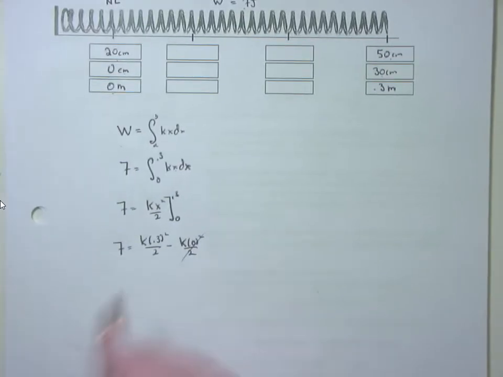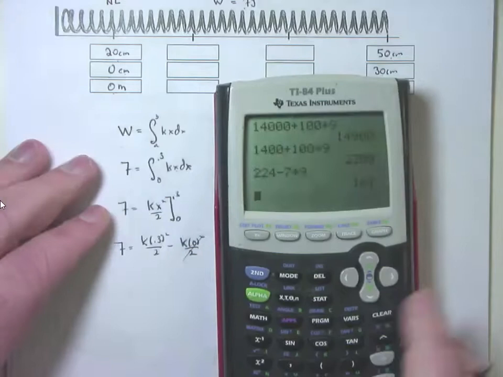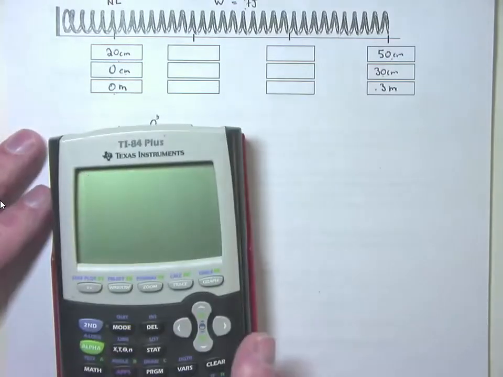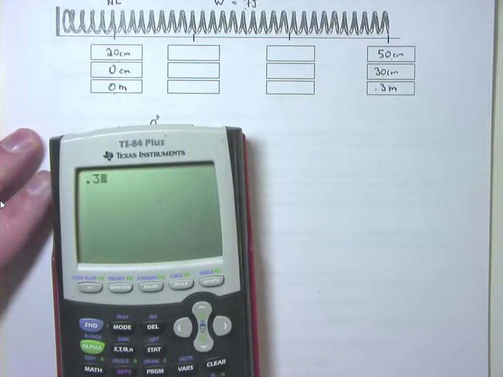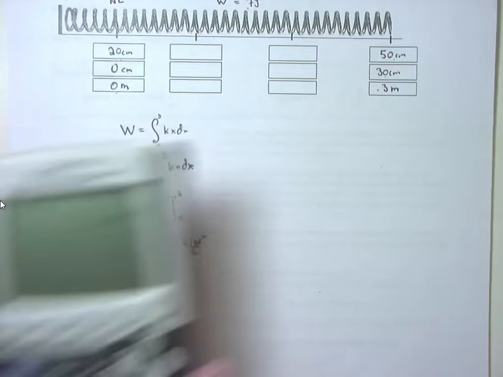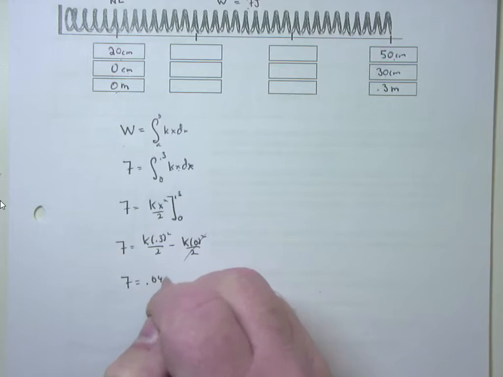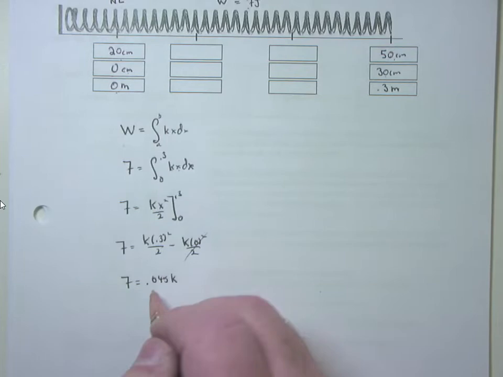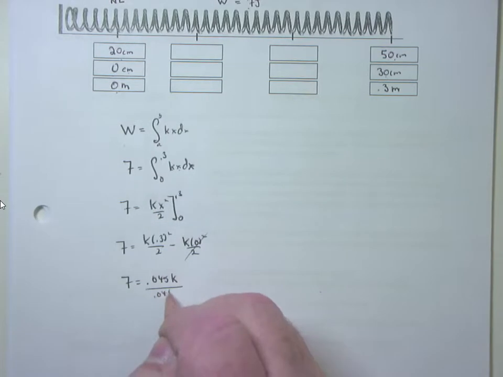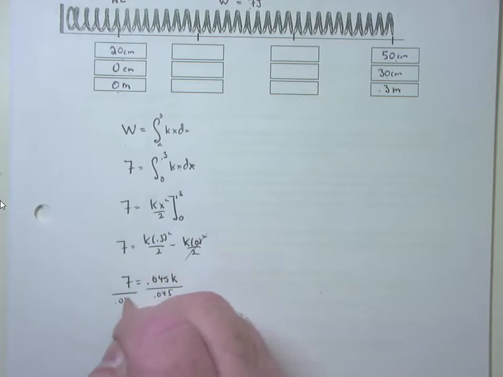And putting this in my calculator, just to show you what I'm getting here. All right, so 0.3 squared divided by 2 is 0.045. So 7 is equal to 0.045 k. And now I can solve for k. The first part of any spring problem is to figure out what K is.